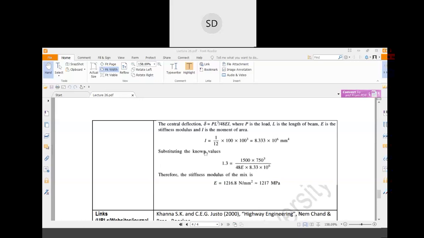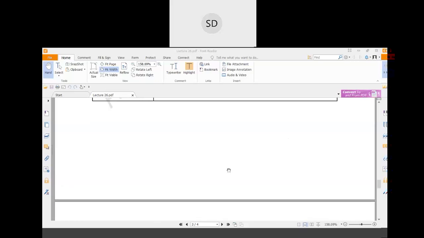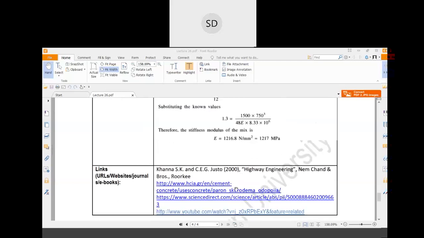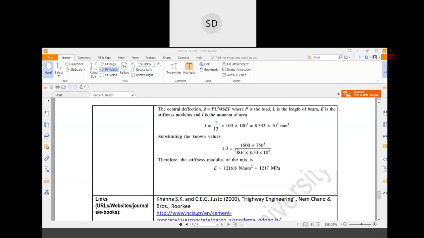Now substituting this value in the equation, that is delta equal to PL cube divided by 48 EI, you will get this one. So how will you get this deflection value? This deflection value is given in the problem, that is a maximum deflection of 1.3 mm. And you know, your stiffness modulus is the modulus representing the maximum stress and maximum strain.